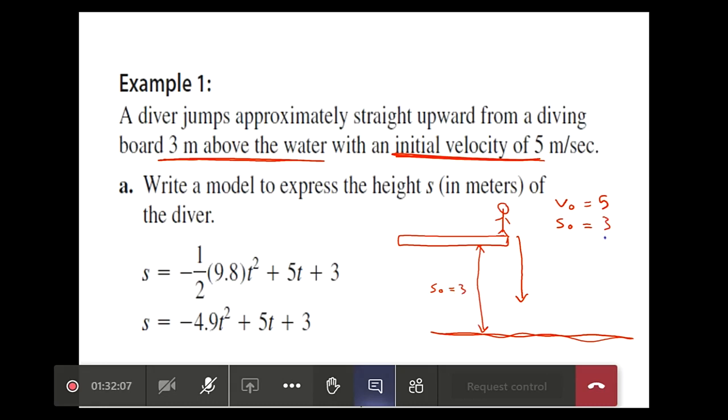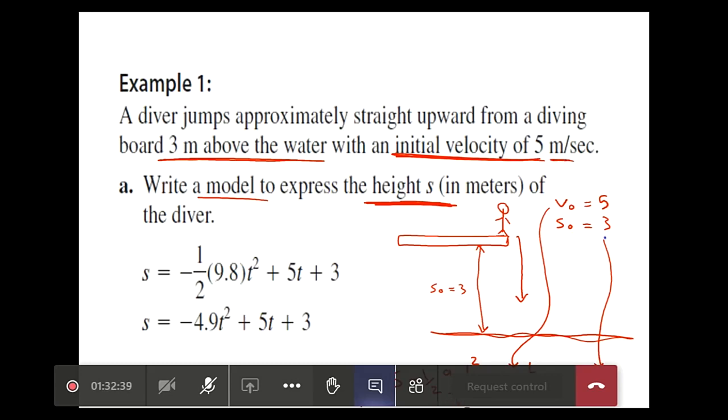Now write the model, express the value of the height S directly. S equals half G T square plus V naught T plus S naught. So substitute S naught, substitute V naught, and the value of G. What's the dimension?